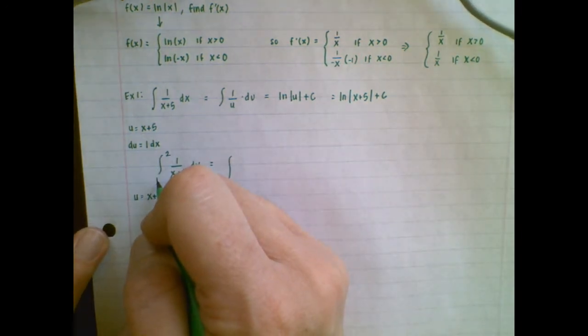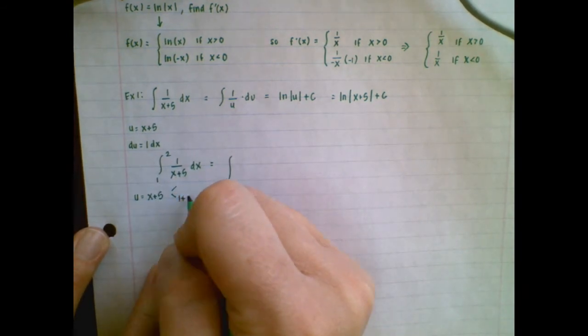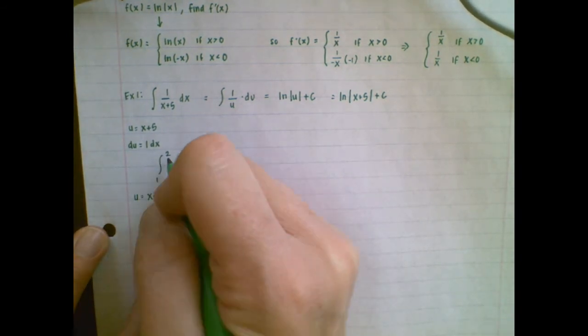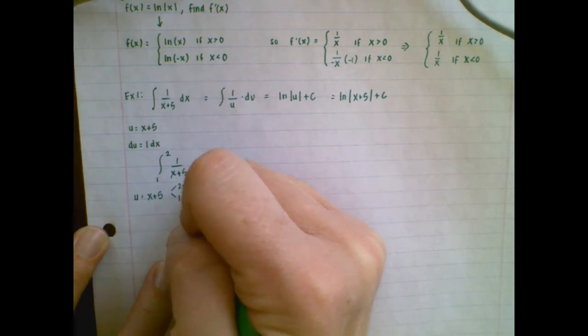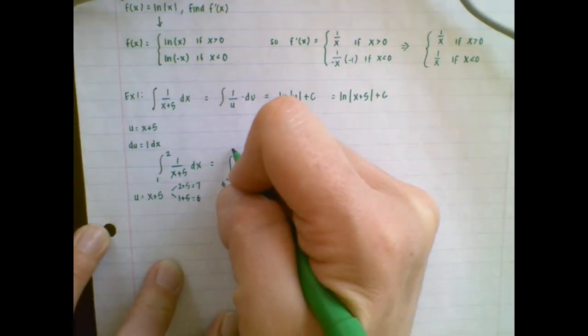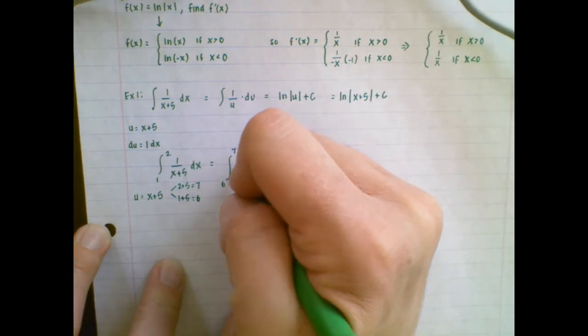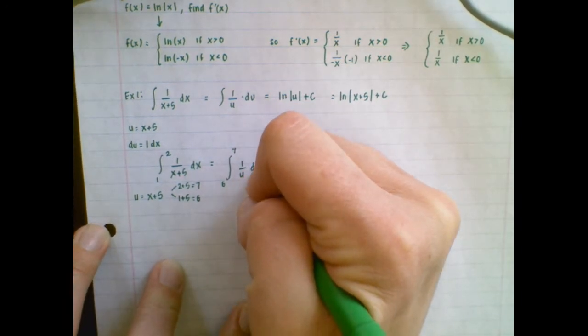So when my x value is 1, 1 plus 5 is going to give me a 6. When my x value is 2, 2 plus 5 is going to give me a 7. So these values are actually just going to be from 6 to 7 of 1 over u du.